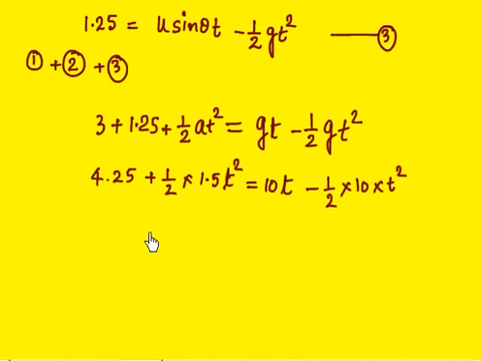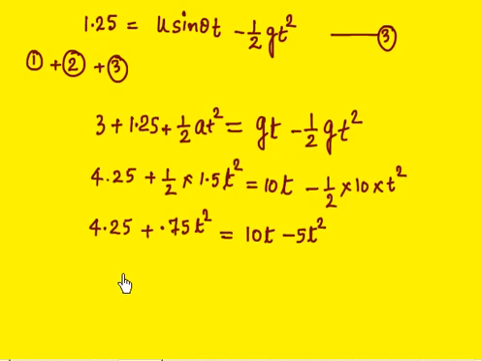Are you getting or not? If I calculate this, this value is 4.25 and this is 0.75 t square, so 0.75 t square is equal to 10t minus 5t square.